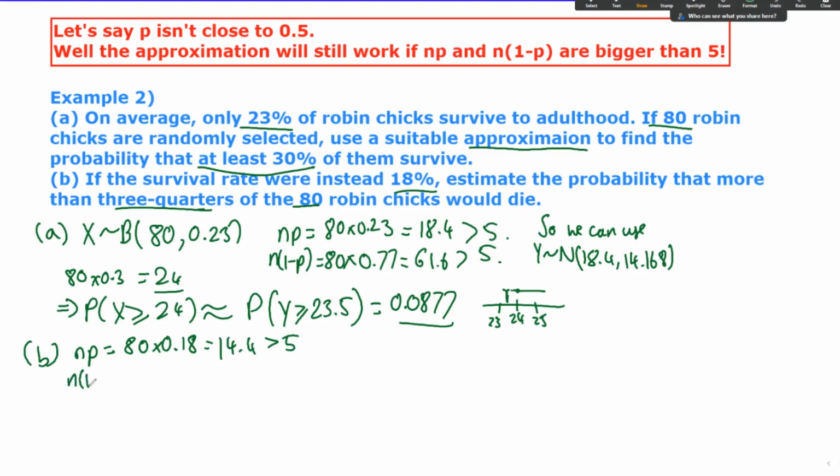And n times 1 minus p is 80 multiplied by 0.82, which gives us 65.6. That's also greater than 5.